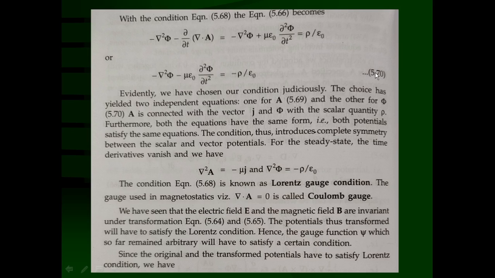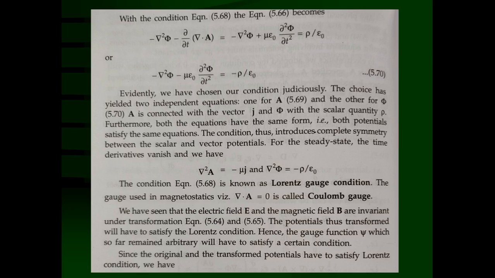This is equation 5.70. If you compare equations 5.70 and 5.69, the mathematical forms are the same. See here what happens. This is also plus sign, not minus, because the minus sign is going to be cancelled out here. Del square is the Laplacian operator.